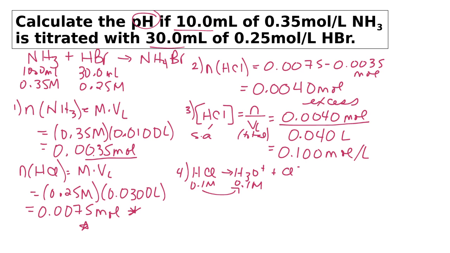It's a straight dissociation. So the pH is equal to the negative log of hydronium, which is 0.1. And so if I take the negative log of 0.1, I actually get a pH of 1.00 for this particular solution. So again, just a twist on a titration, using some stoichiometry to determine the pH of our solutions.